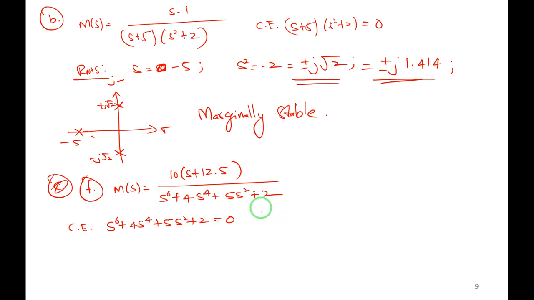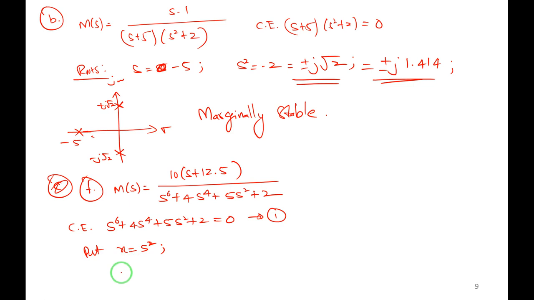It is not satisfying the condition, but still we have to find out the roots. Without using the Routh criterion, another method is solving for the roots. So how to solve for the roots? Let me put x is equal to s square. We call this equation 1. In equation 1, put x equal to s square.